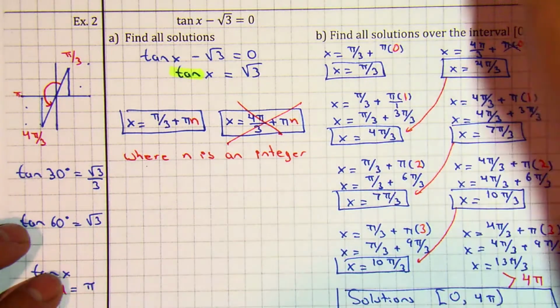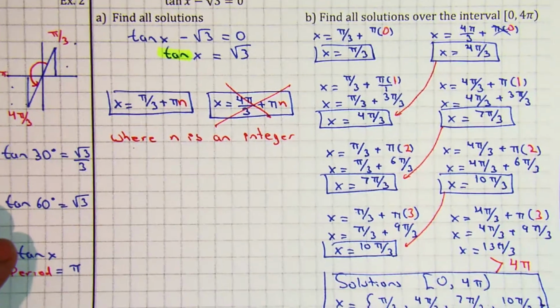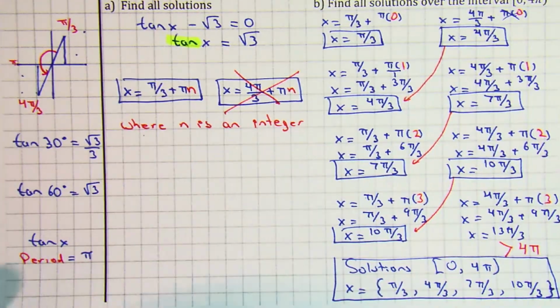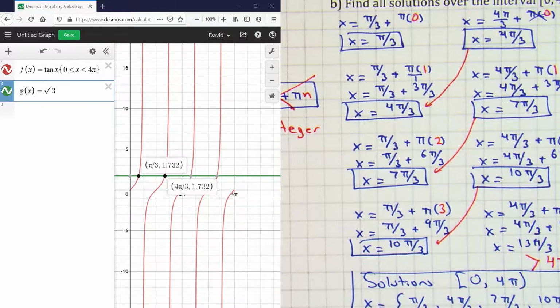And if we look at the graphs, if we compare it to the graphical representation, and we go into decimals, notice that we have 7 pi over 3, and the last one that we have is 10 pi over 3.